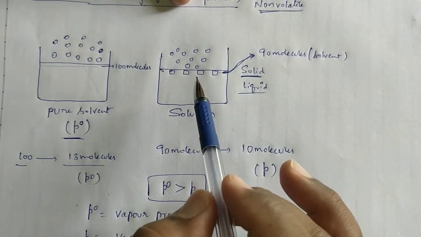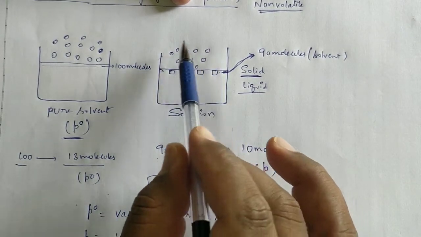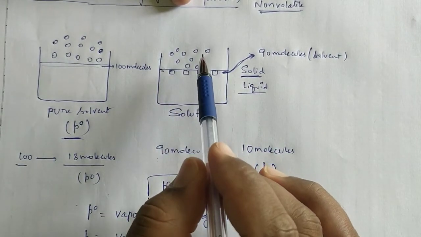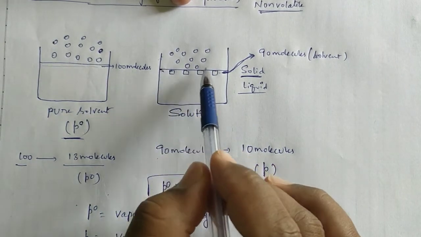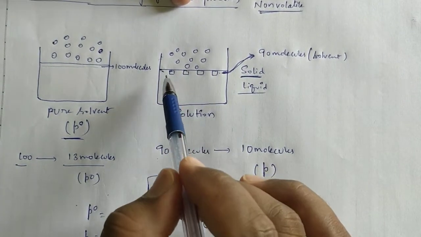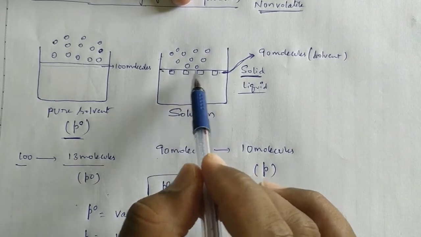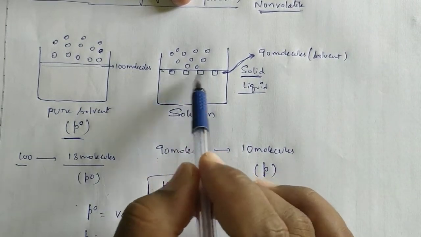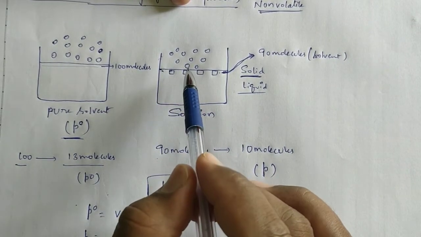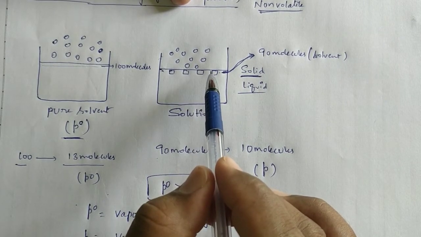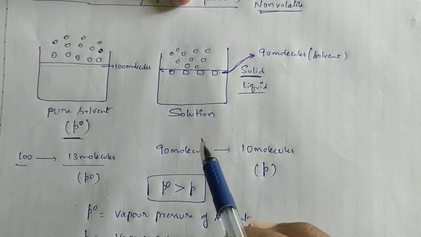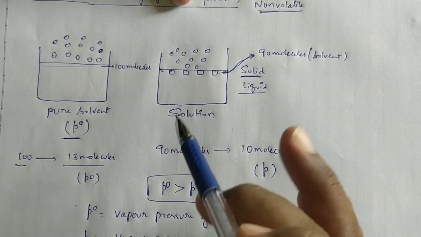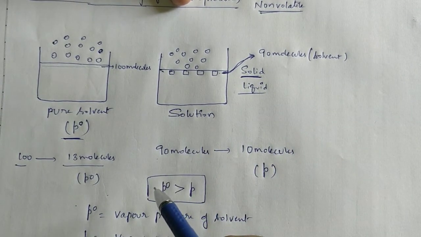You can ask me a doubt. Here also only liquid molecules escape into the gaseous state, but the number of liquid molecules escaping depends on the solute particles. If the number of solute particles increases, fewer solvent molecules will be present on the surface, fewer molecules will escape into the gaseous state, and then the pressure of the solution decreases.